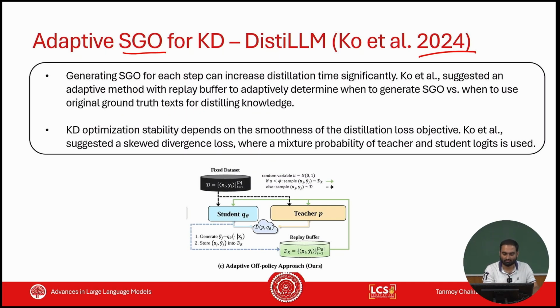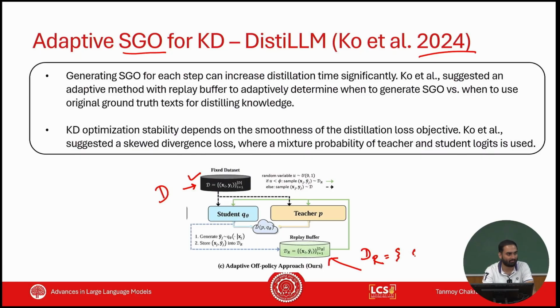Okay. So what they said is that, let's say, I have a fixed data set D, and this data set is the ground truth data for me, okay? And we will curate, over the iterations, another data set, and we call this data set the replay buffer. So we have DR and we have D, right?